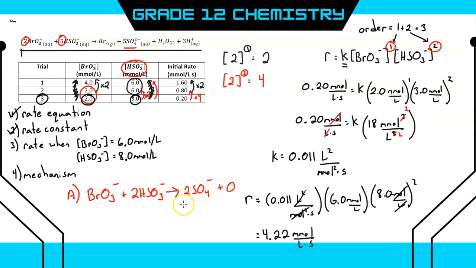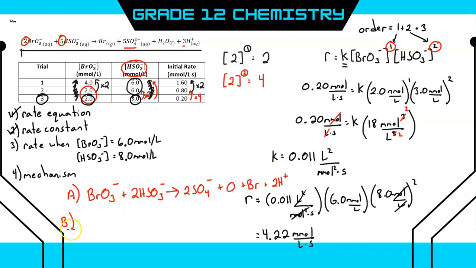That's not what we want, but we have 1 of them left over. We have a bromine left over. And we have 2 hydrogens. We actually want 3 of them, so that one's good. I am happy with those ones. All right. So that one actually matches our rate law.